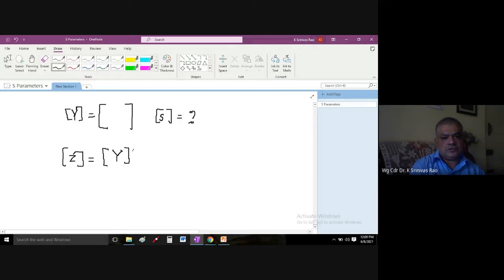If I take the inverse of Y, I'll get Z. Once you have Z, again use the same formula as earlier: S equals Z plus U, inverse, multiplied by Z minus U.